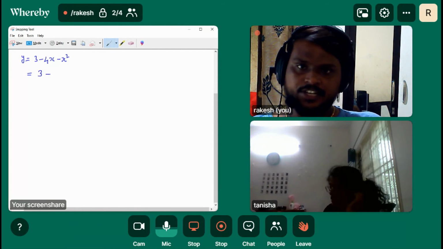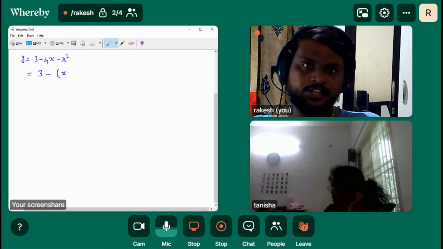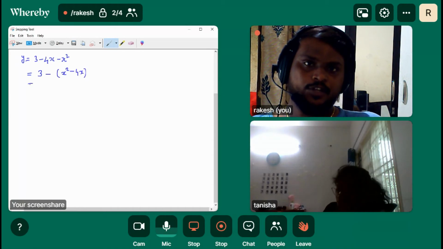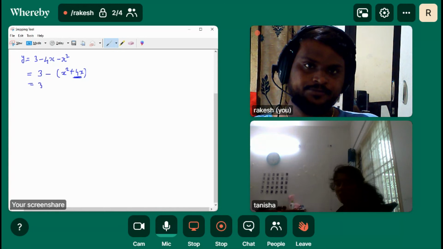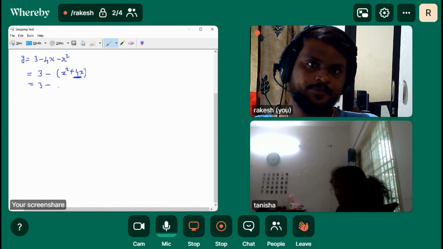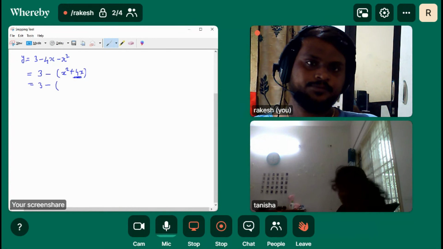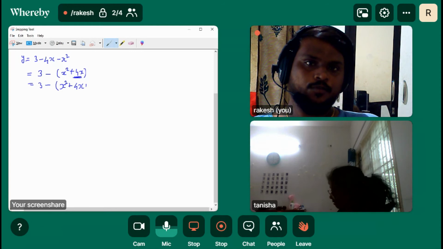We take the minus sign common: x square minus 4x. Now by using this, we can find x square plus 4x, because we have already taken the minus sign common, right? What would be the third term here? Please calculate. The third term is 4.